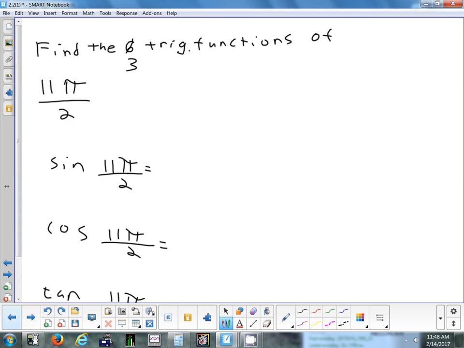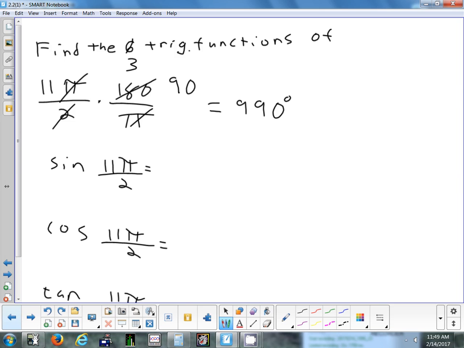Yep, change to degrees. How do I do that? All right, so pi's are gone. I can cancel the 2 into 180. And what's 11 times 90? 990.